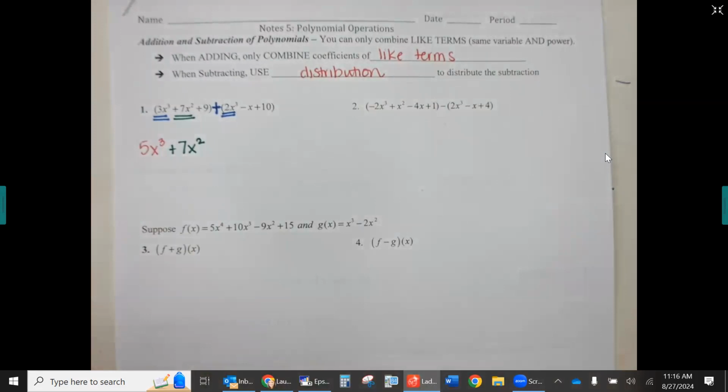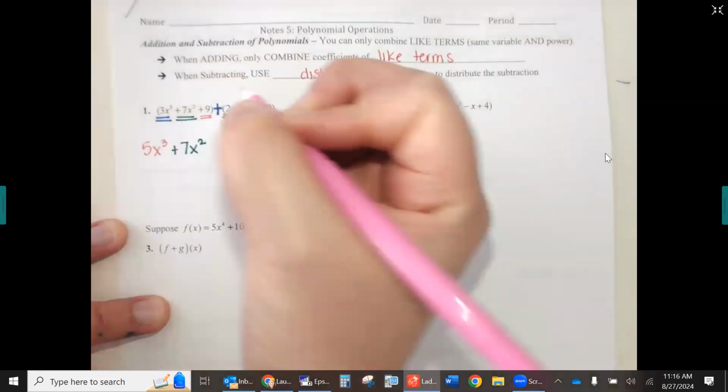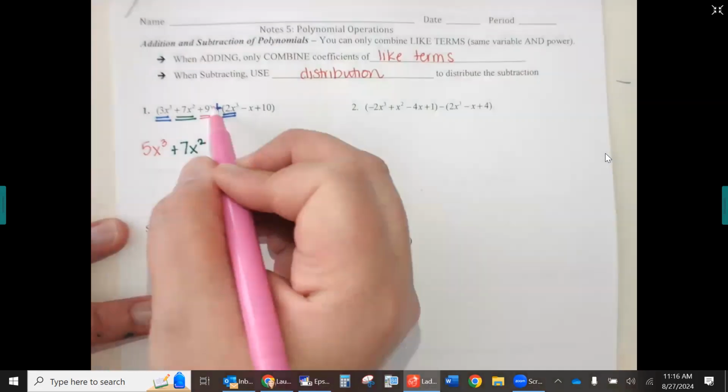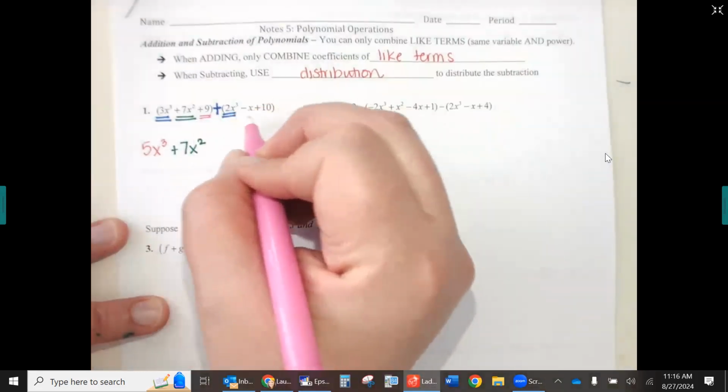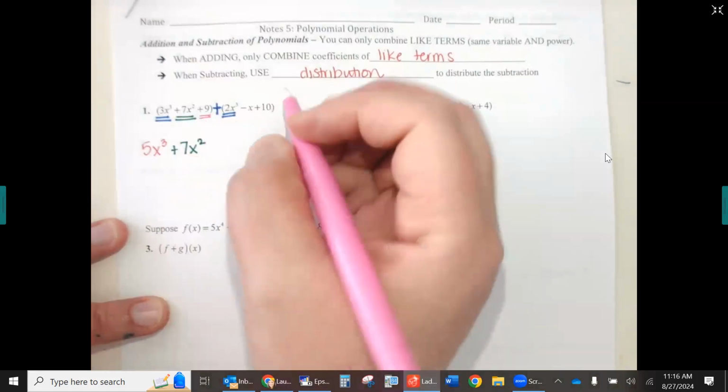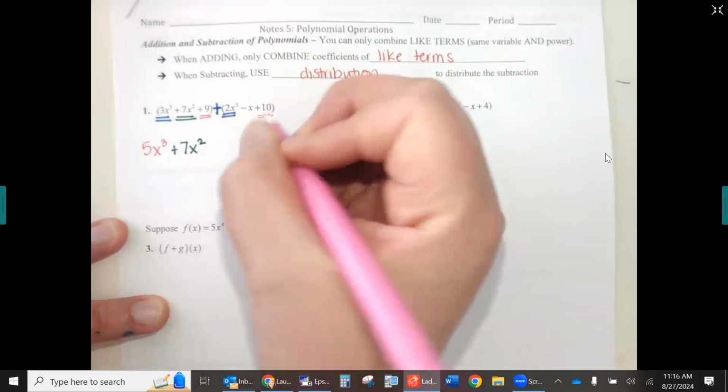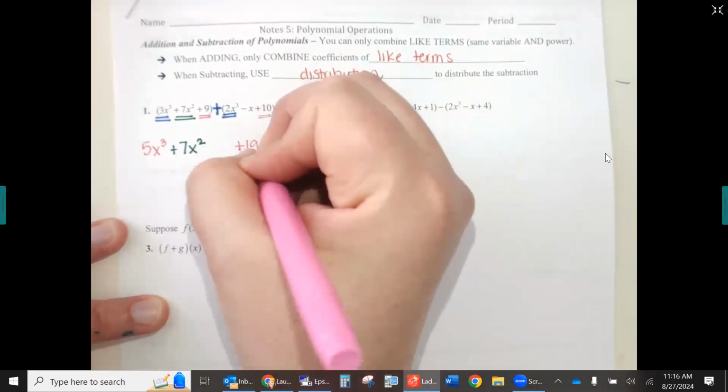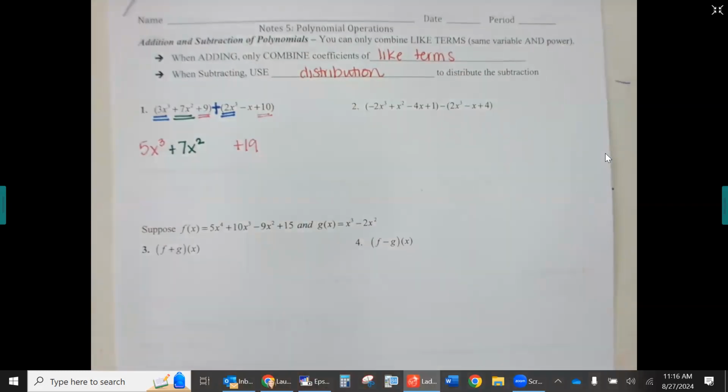Then for my next term, I see that I have a plus 9. That is a number with no x. Then I'm going to add it with any other numbers that have no x. What else has no x? 10. The 10, and 9 plus 10 is? 19. Leave a little bit of space, put a plus 19. Then I notice that the only thing I haven't added is this regular x, but there has to be another regular x for it to go with.